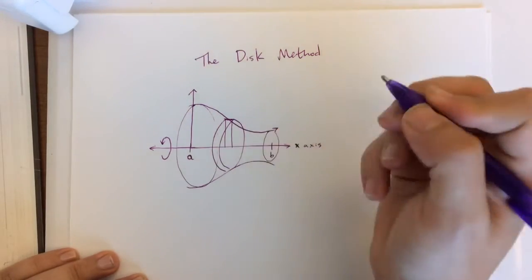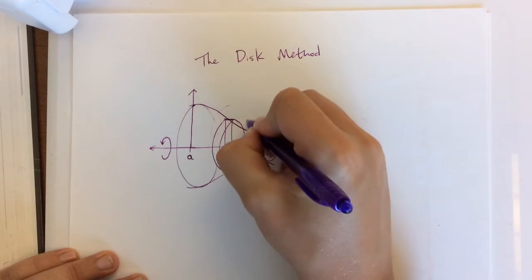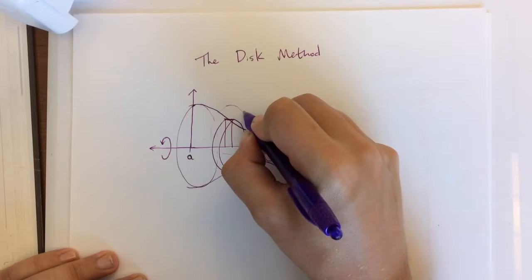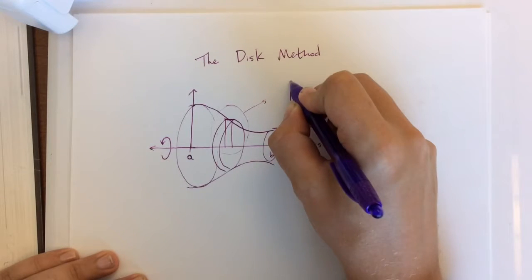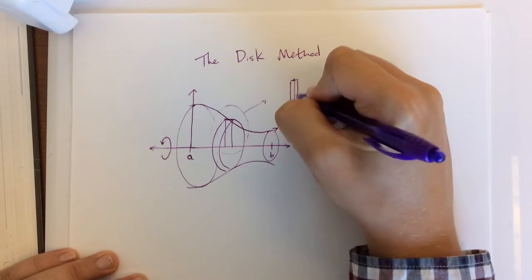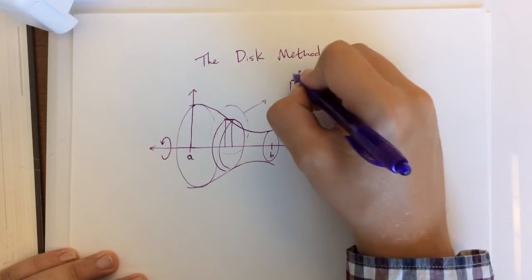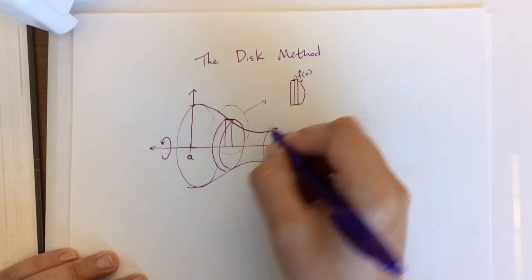so we can see where the figure is being rotated. If we zoom in on this rectangle, the height of the rectangle is f of x.